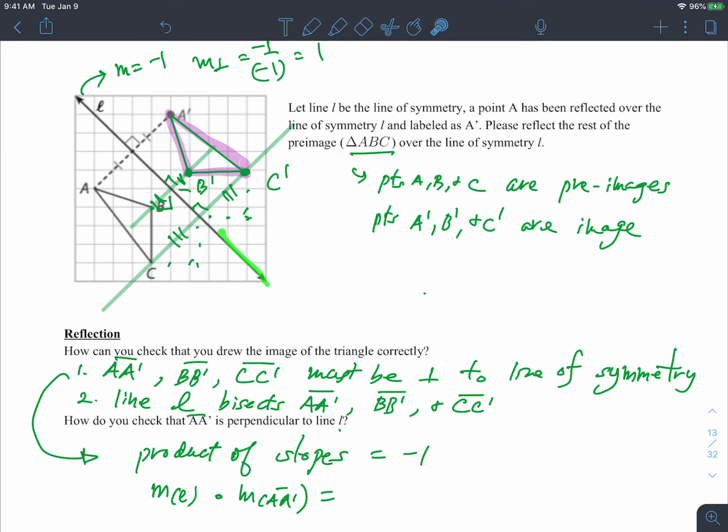We knew that the slope of the M was -1, right? And that right here was 1. So -1 times 1 is -1. Check. So this is the same statement to say the product of the slopes is -1, right? Is that the perpendicular slope is the opposite or negative reciprocal.